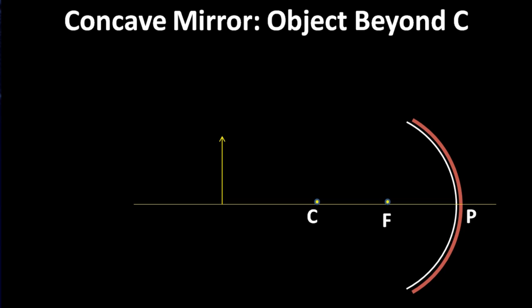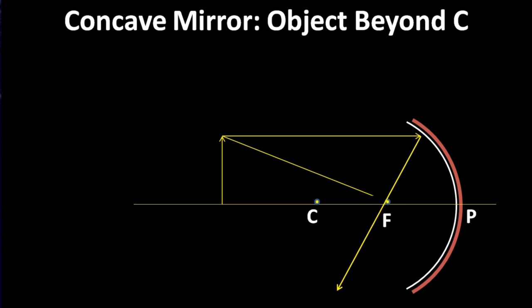Let us shift the object one position towards right, that is, beyond C. A ray coming parallel to the principal axis, after reflection, passes through the focus. A ray of light passing through the focus, after reflection, goes parallel to the principal axis.